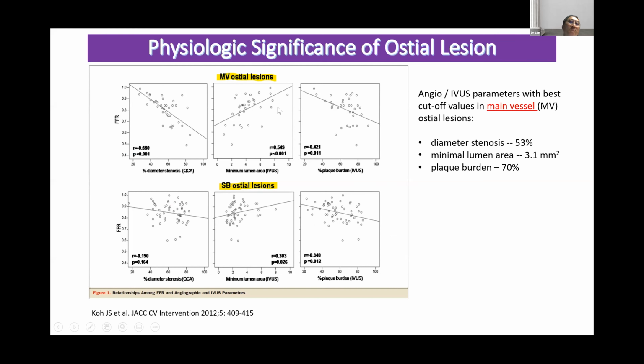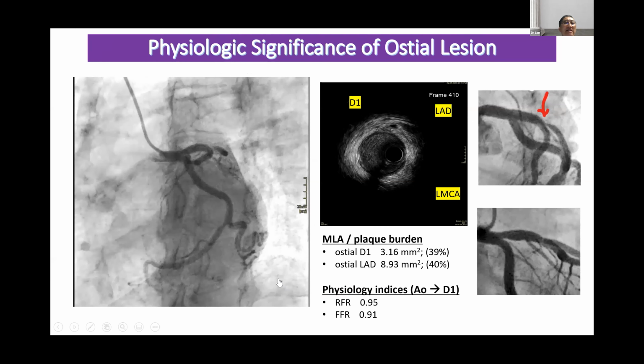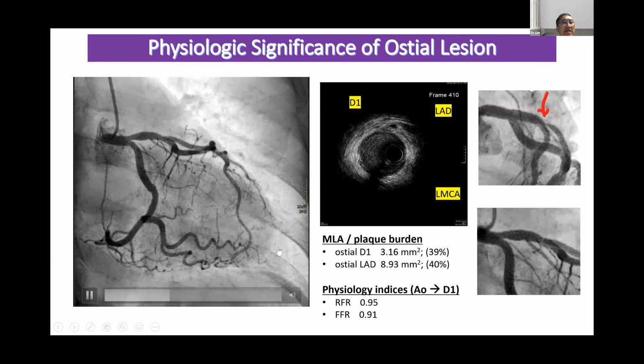Even for the main vessel ostial lesion, you can see that there is quite a wide scatter. Therefore, if there is any doubt about the physiologic significance of the ostial lesion, we should perform the appropriate physiologic assessment.